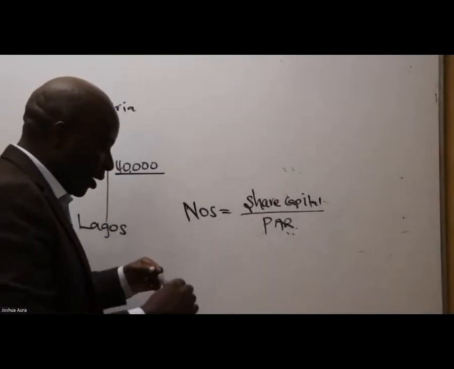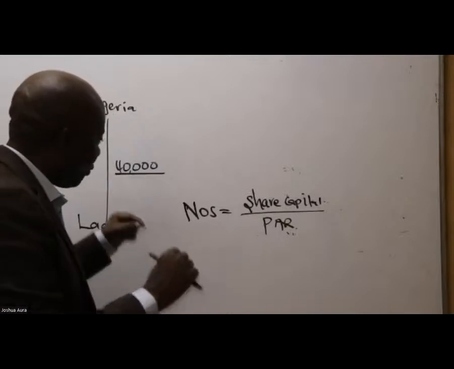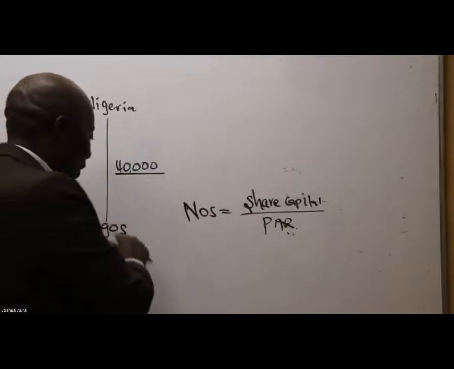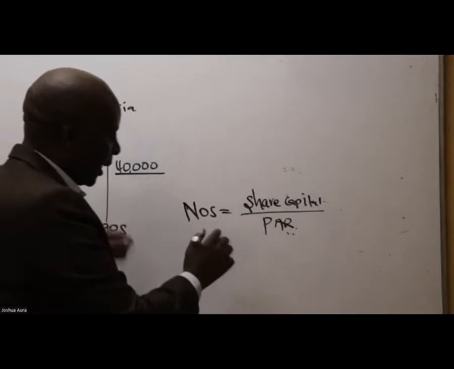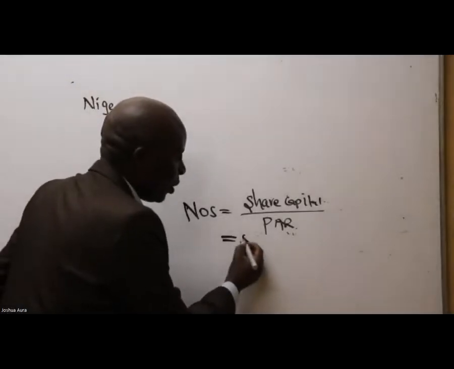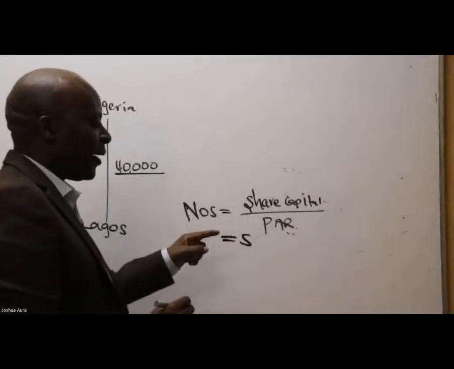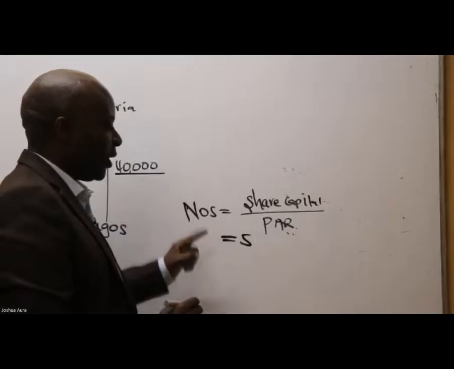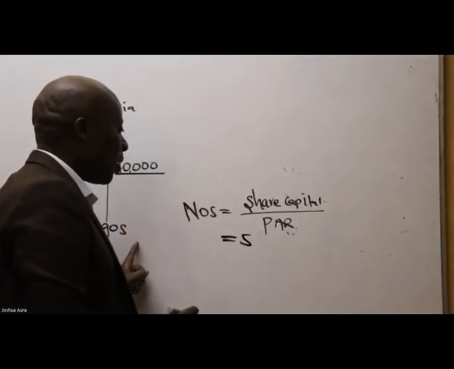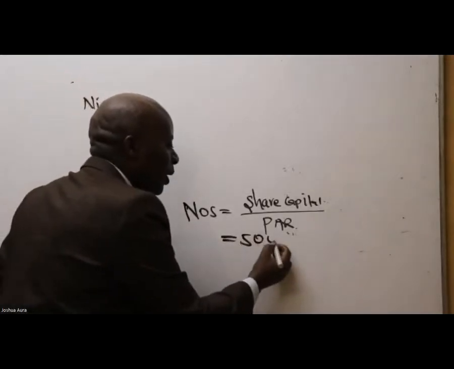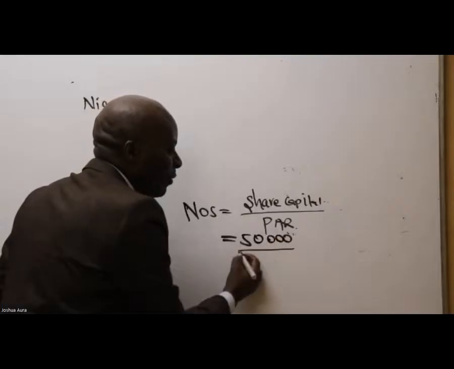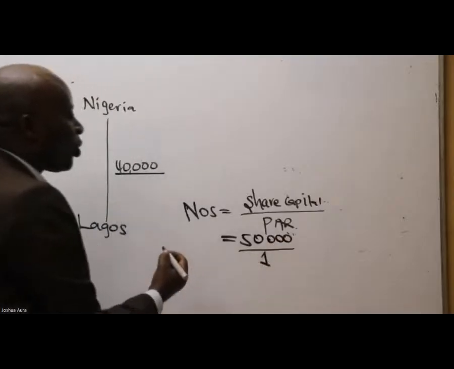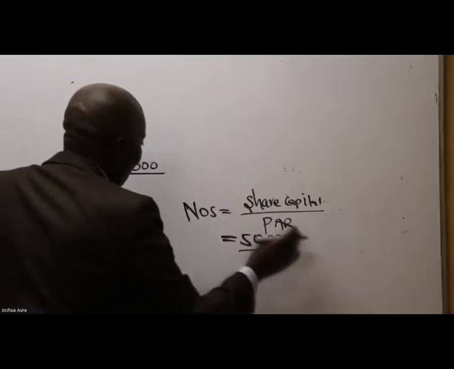We bought 40,000 shares; how many shares does it have in total? The share capital of this company called Lagos is 50,000, and the par value is 1. So in total, the number of ordinary shares is 50,000.